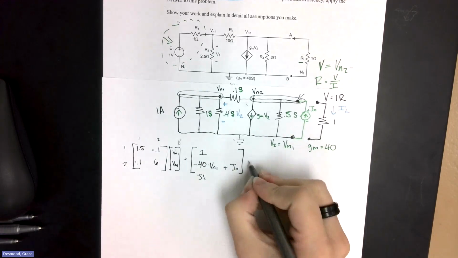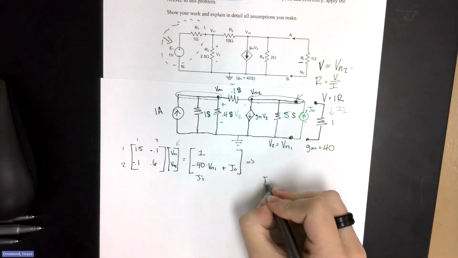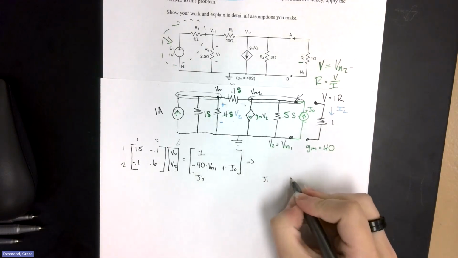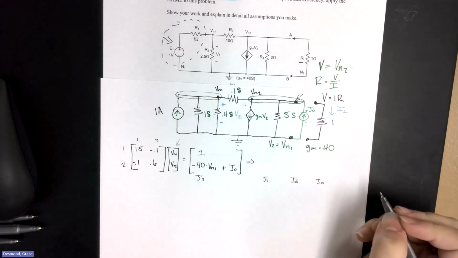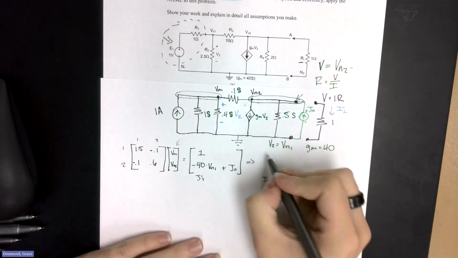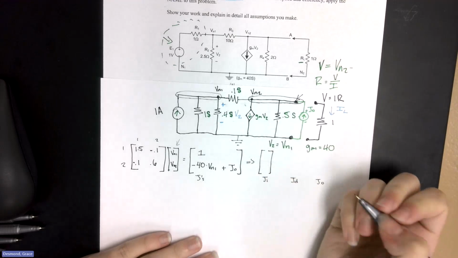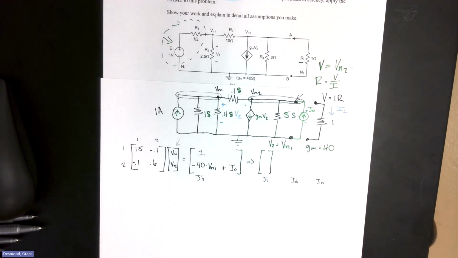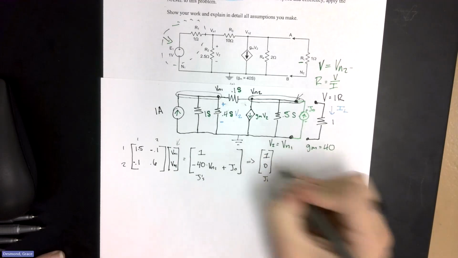So we are going to separate this out into 3 matrices. We're going to do J I, so independent, J D, and J naught. So for our independent, what do we got? Just 1, 0.